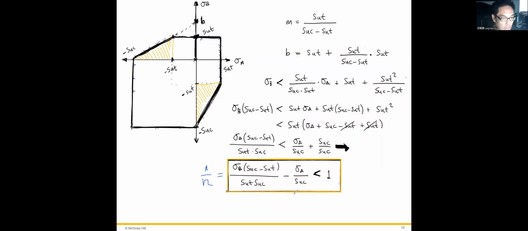And this relation especially has to be used in the second and the fourth quadrant, by modifying the Coulomb-Mohr criteria.